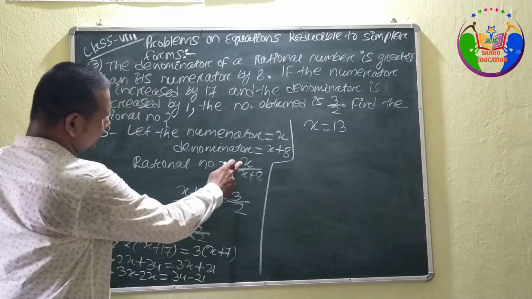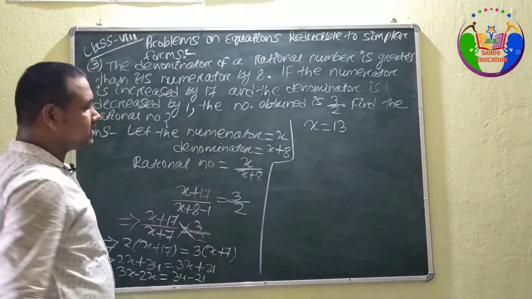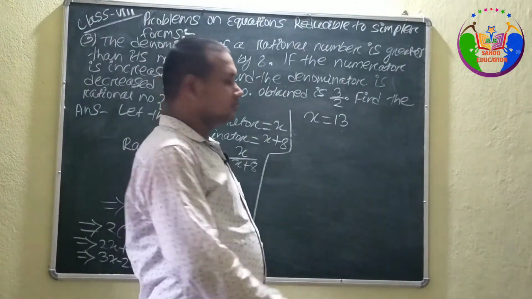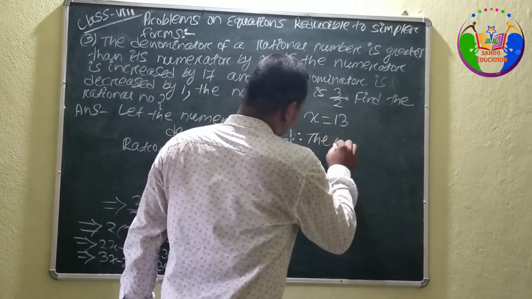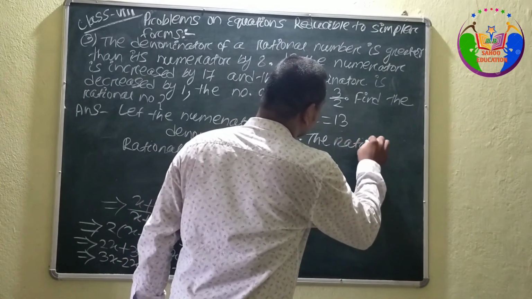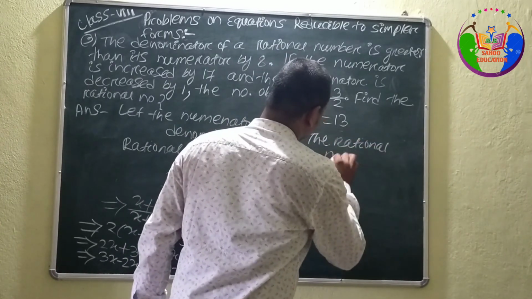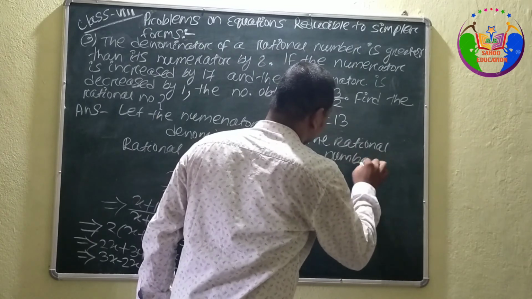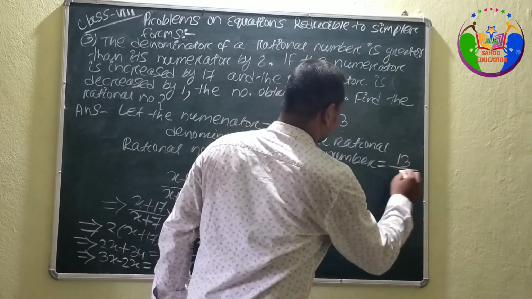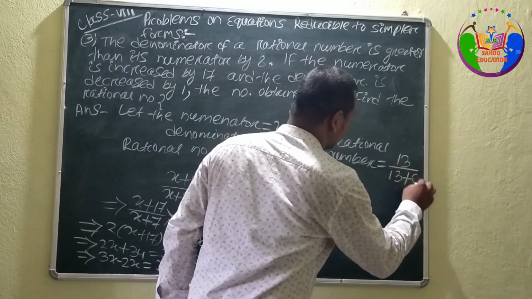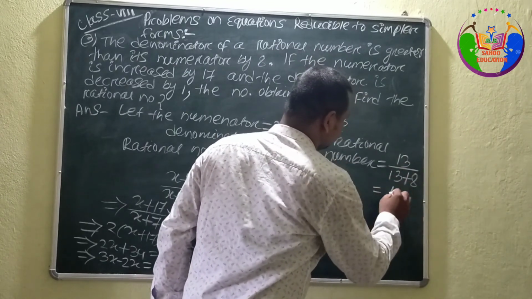We know the rational number is x by x plus 8. Therefore the rational number is equal to 13 divided by 13 plus 8 is equal to 13 by 21.